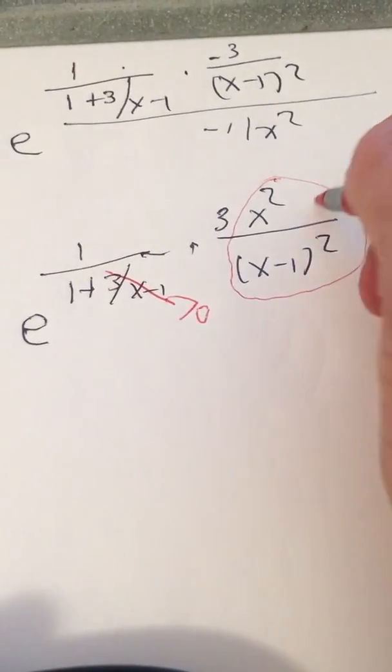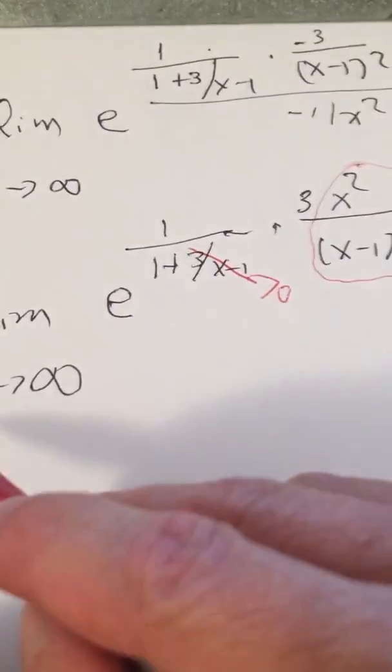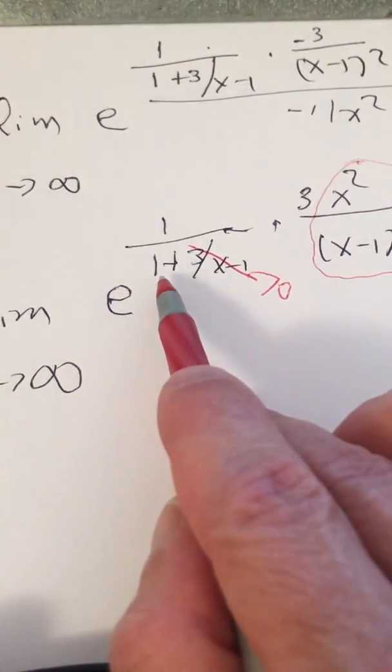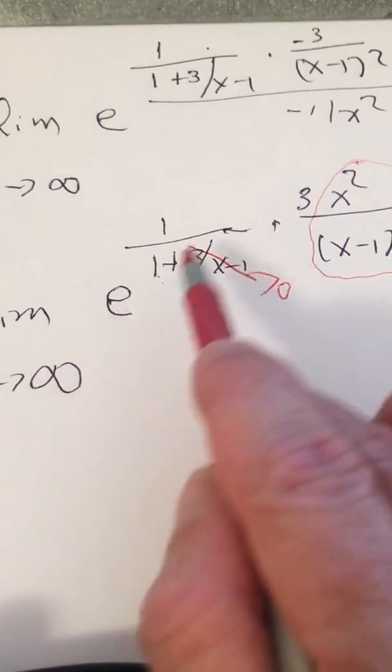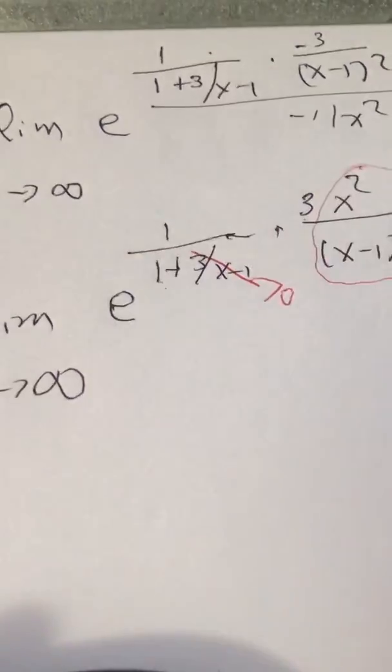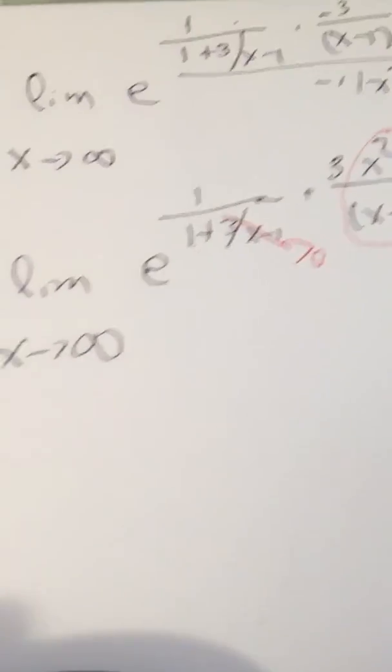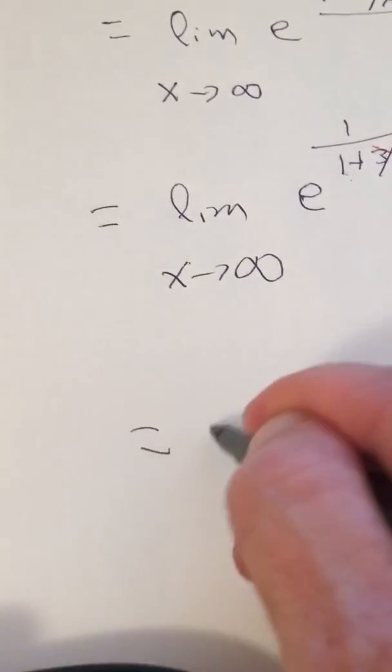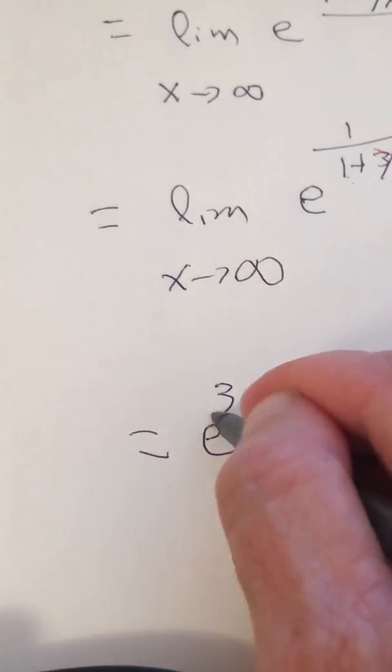So this limit right here is just going to be 1 when I pass this limit operation in. So what I'm left with here is e cubed, or e just raised to the 3rd power. So that is our limit. Our limit is e cubed.